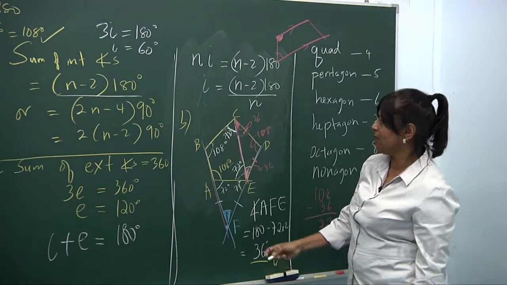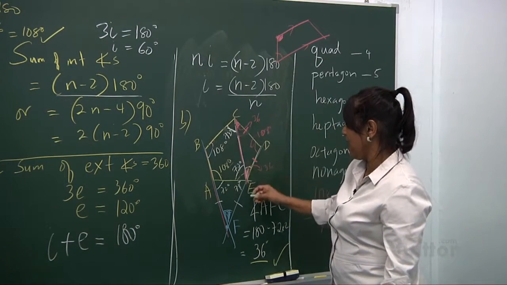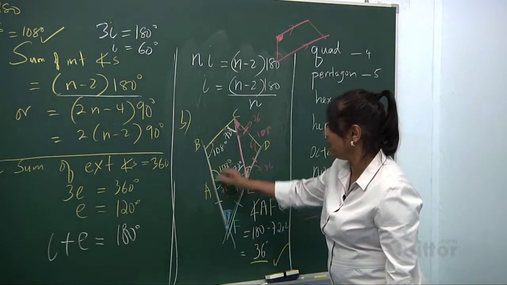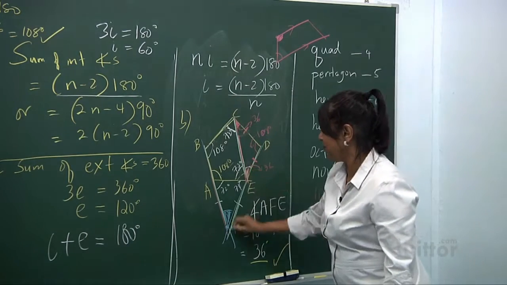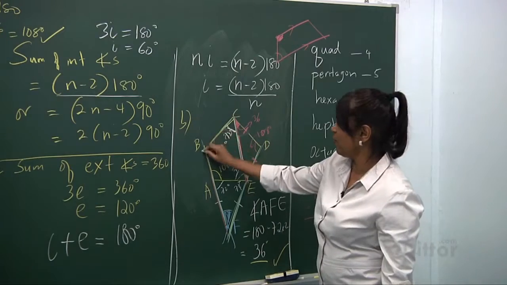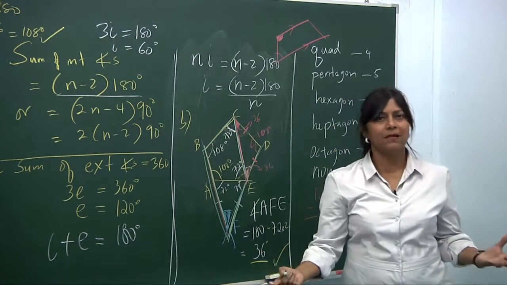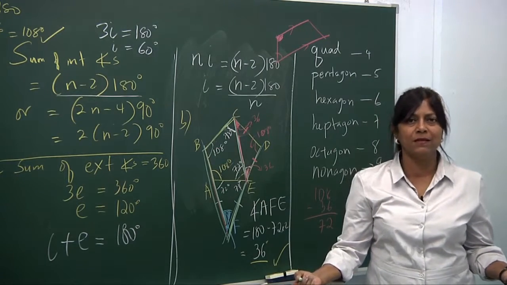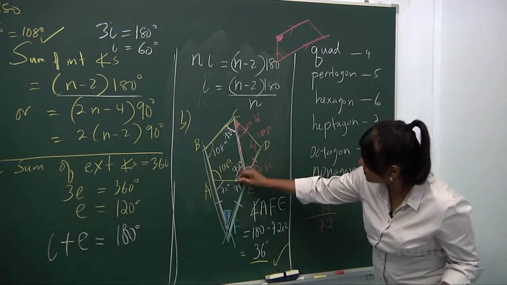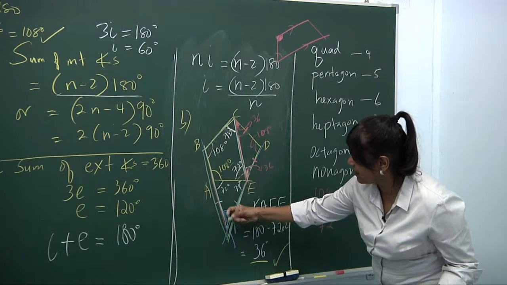And they want the figure BCEF. This whole figure here, BCEF. You look at these two figures, you can see that these two make up 180, interior opposite. And if you look at this here, 72 and 72, you get 144. And this angle is 36.